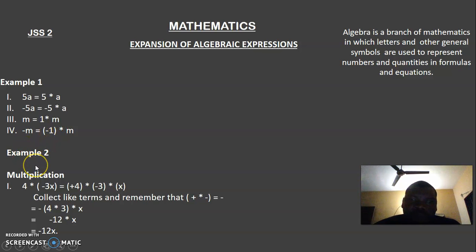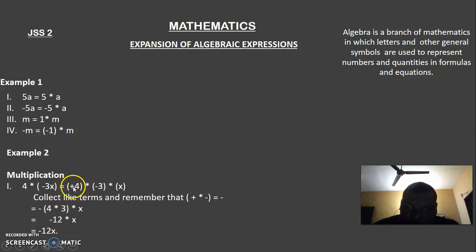Example 2. Let's look at multiplication of all these algebraic expressions. Number 1, 4 times minus 3x.